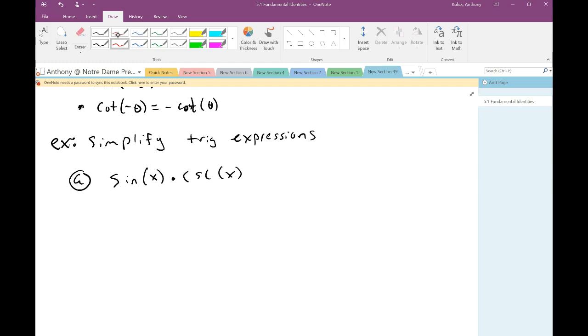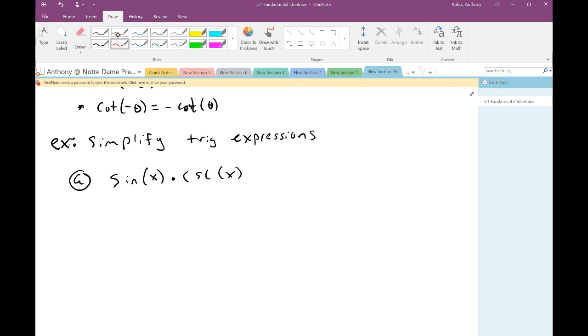I see that sine theta is equal to 1 over cosecant theta. I see cosecant theta is equal to 1 over sine theta. I see that sine theta equals cosine of pi over 2 minus theta. And I see that cosecant theta is equal to secant of pi over 2 minus theta.